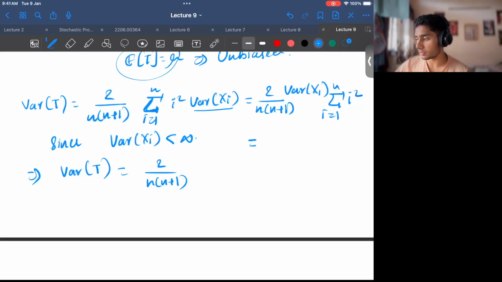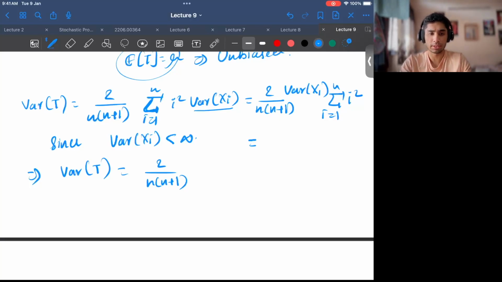What is the summation of i squared? If you remember, is it n into n plus 1 into 2n plus 1 by 6?